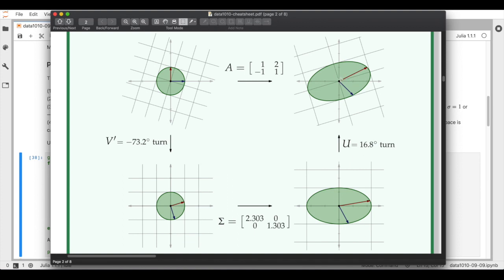And similarly, if you want to know this other direction, then that's going to be the image of E2, which is the second column of U. So columns of U are telling you the axes of this ellipse on the codomain side.